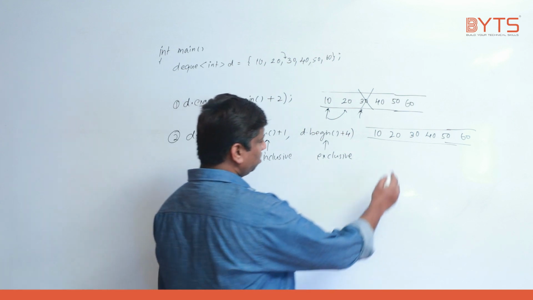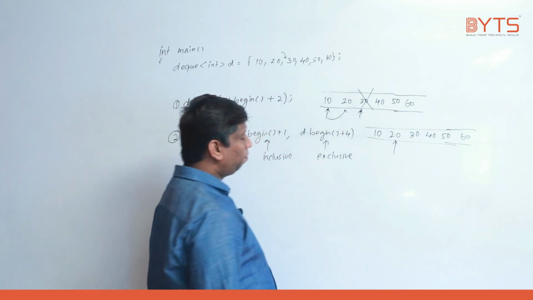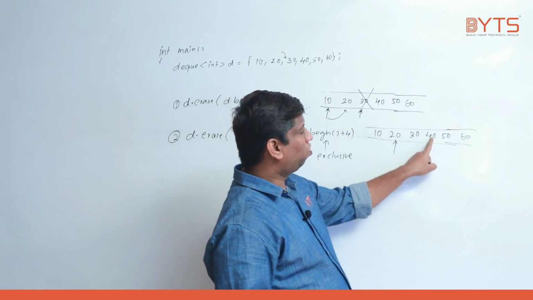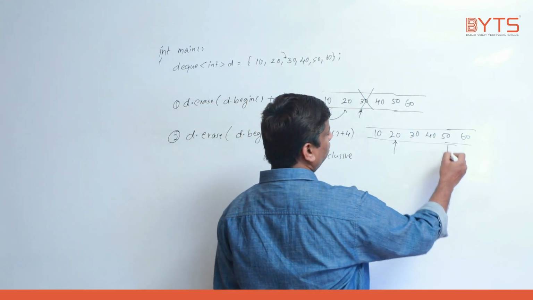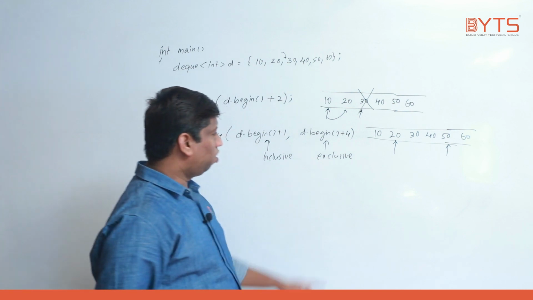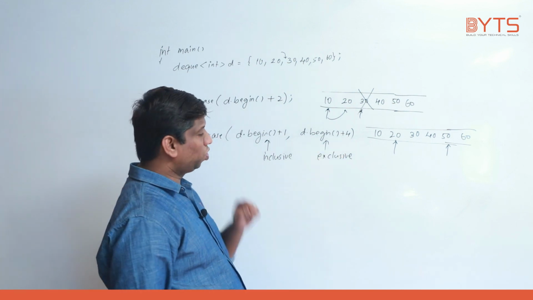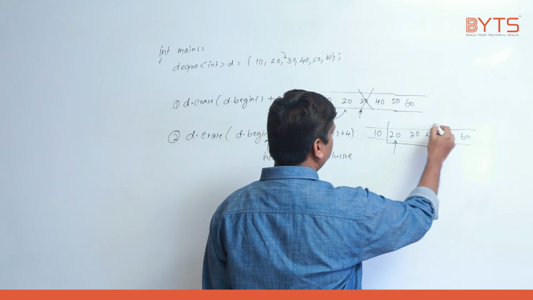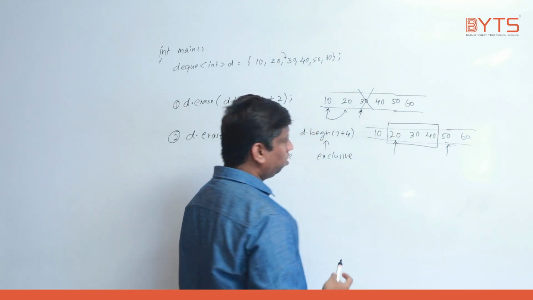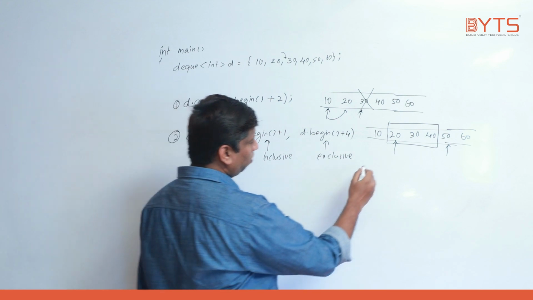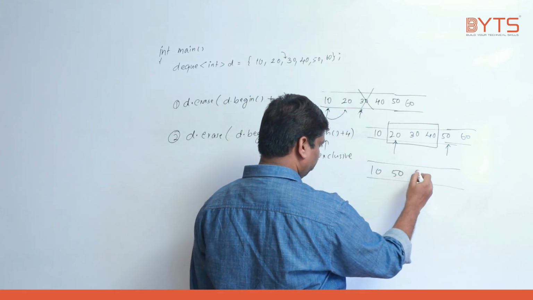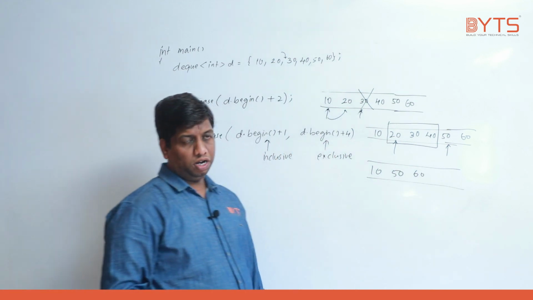D dot begin plus 1 means this location. Begin plus 4 means 0, 1, 2, 3, 4, the fourth location. The fourth location is exclusive, and the first location is inclusive, right? So from this to this, these elements are deleted. What will be the output if you print the DQ? 10 will be there, 50 will be there, 60 will be there.